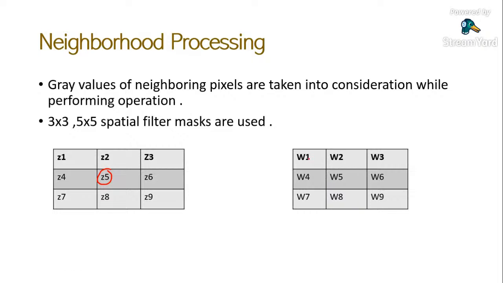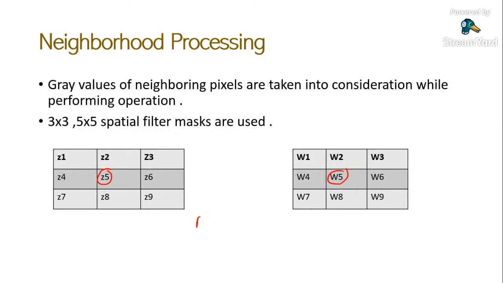How will I apply the mask? I will locate W5 here and overlap the mask completely, so that W1 is multiplied with Z1, plus W2 with Z2, plus W3 with Z3, W4 with Z4, W5 with Z5, W6 with Z6, W7 with Z7, W8 with Z8, W9 with Z9.